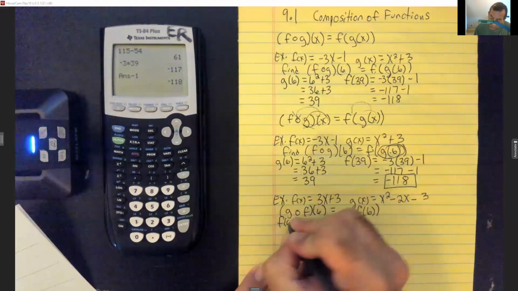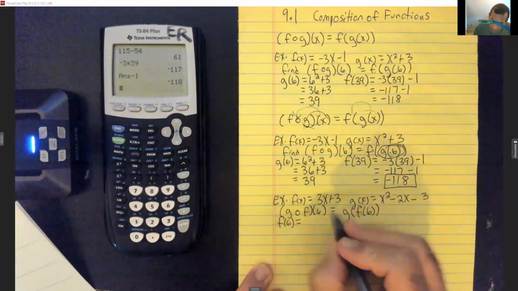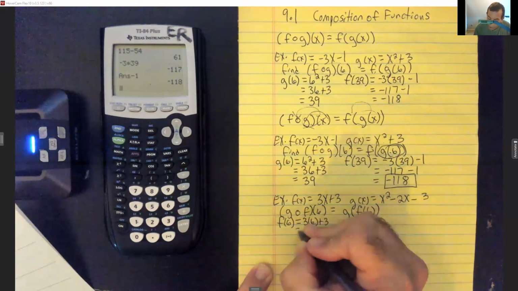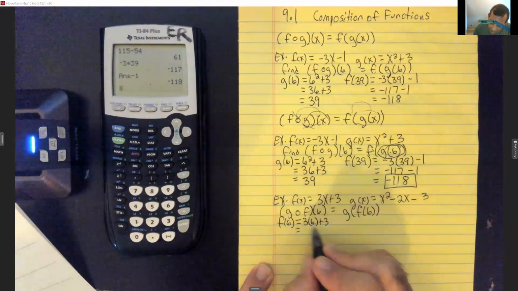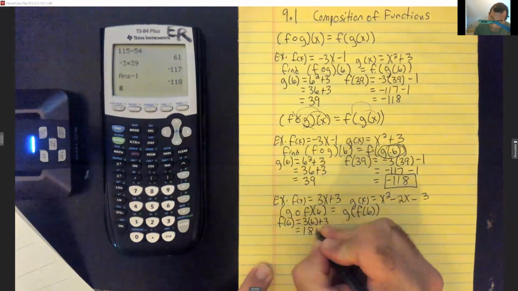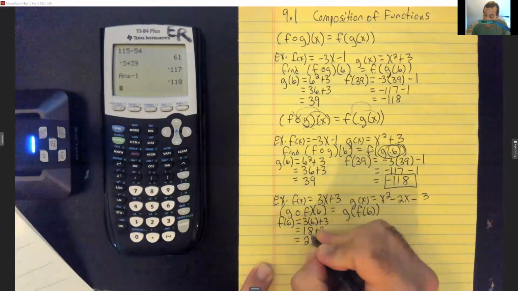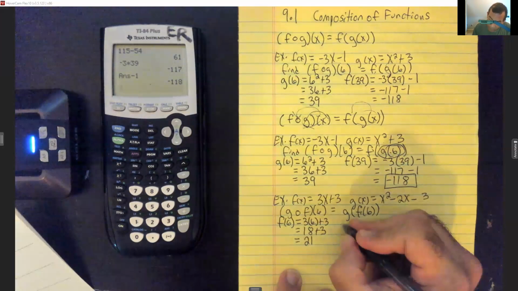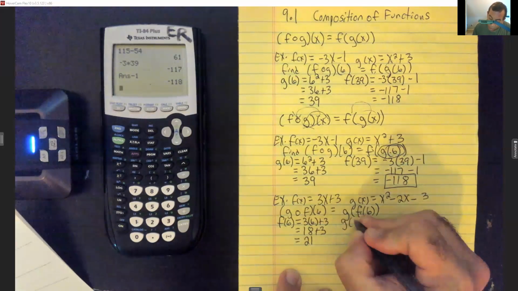So f of 6 will equal my f equation, put in a 6 for the x. All right, order of operations, I multiply, that's going to give me an 18 plus 3, which gives me 21. So since f of 6 is 21, I take the 21 and put it into the g. So we're going to find g of 21.